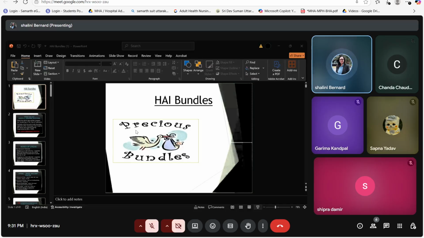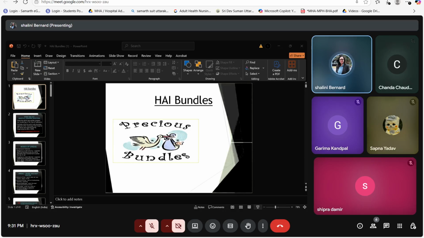There is a selection of the prophylactic antibiotic. This is for the doctor. As per the CDC guidelines or the hospital antibiotic stewardship, the doctor has to use the appropriate antibiotic to reduce the surgical site infection.